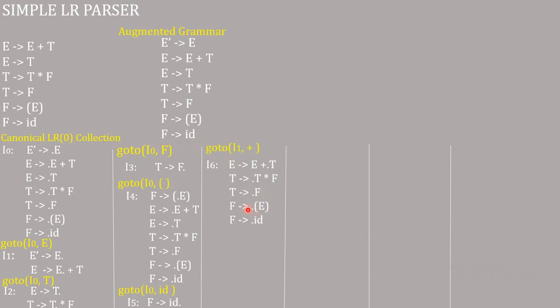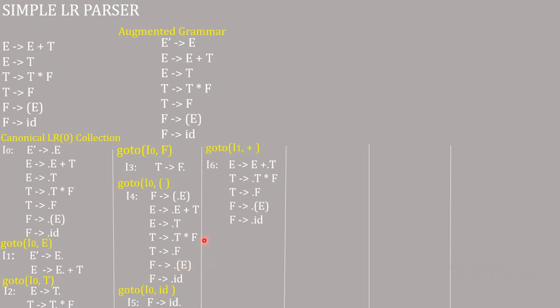In these productions, we include the dot symbol on the left-hand side. So this is how we calculate it for I1, where we have shifted the dot symbol to the next position. Now let us proceed with I2.